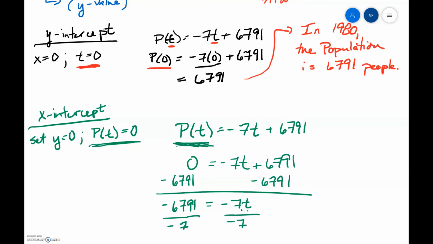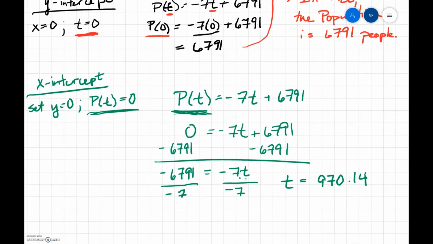Plugging that into my calculator, 6,791 divided by 7, I've got 970.14 and so on. Okay, that's good, but what does that mean?